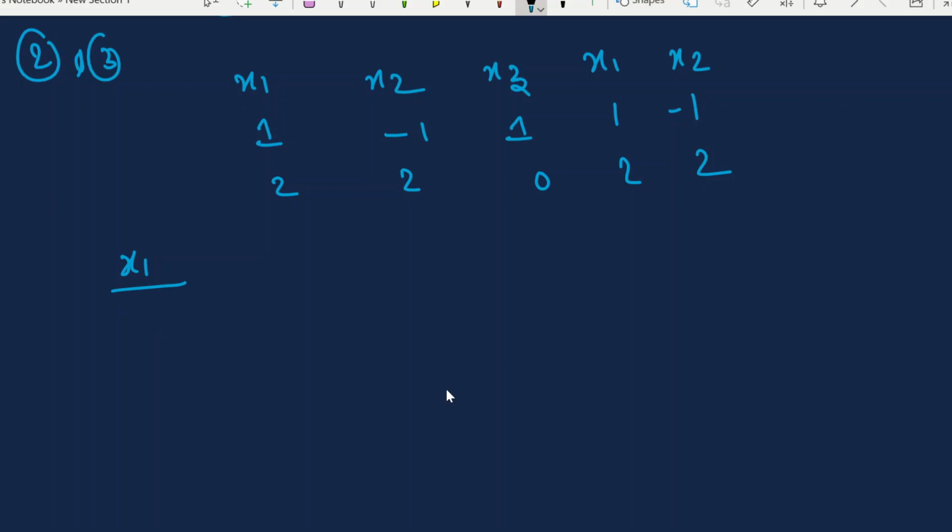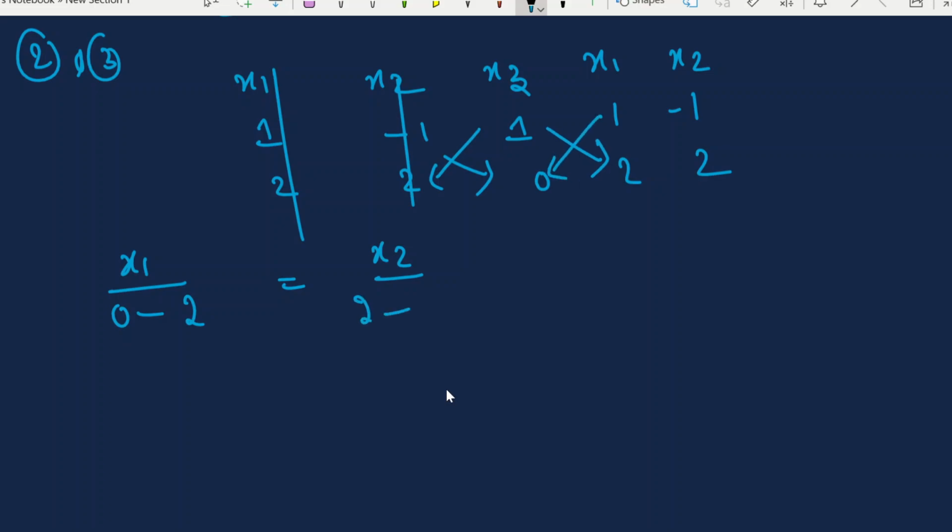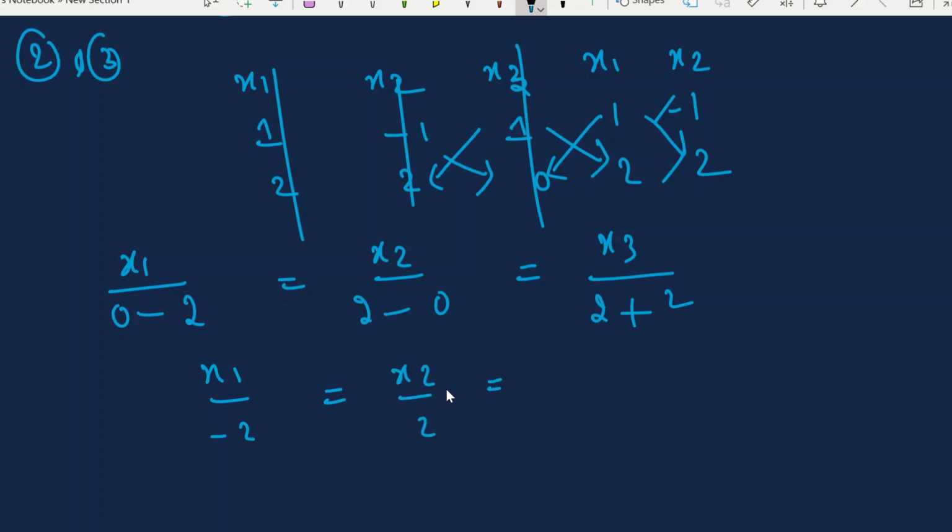x1 divided by, neglect this x1: 0 minus product of these two elements, 2 into 1, 2. x2 divided by, neglect x2, consider these two: 1 into 2, 2, minus 1 into 0, 0. And x3 divided by, neglect x3: 1 into 2, 2, minus 1 into 2, minus 2, so plus 2. x1 divided by minus 2, x2 divided by positive 2, x3 divided by 4.